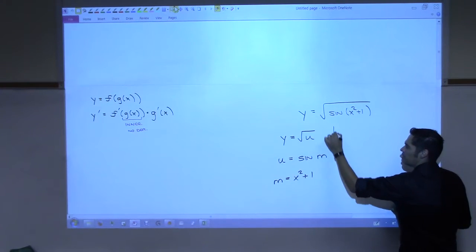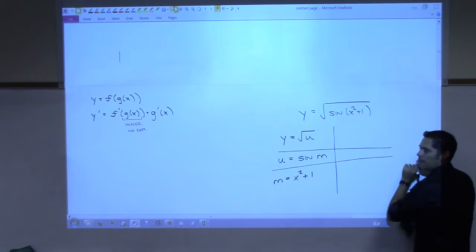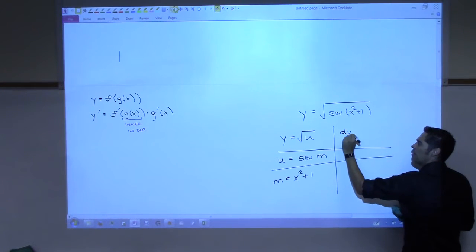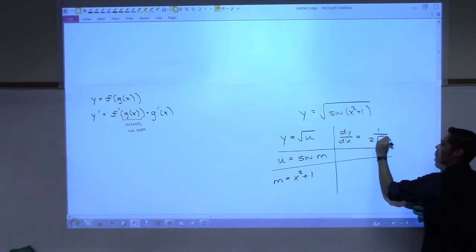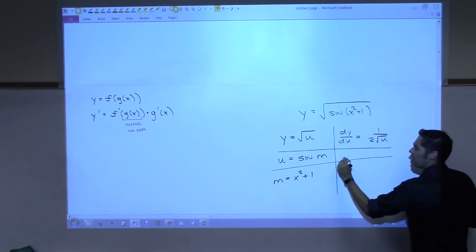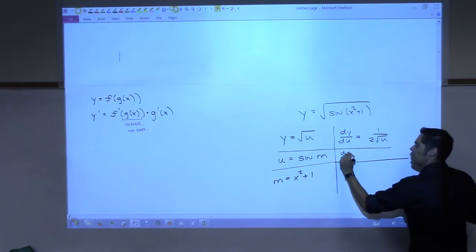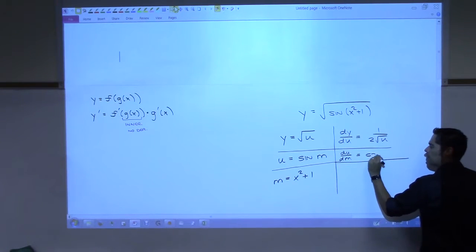And then in Leibniz this almost starts to look like a table. Okay? This one right here, he could take dy du, and that would be the derivative of root u, which is 1 over 2 root u. And then here he could do du dm, which would be cosine m.